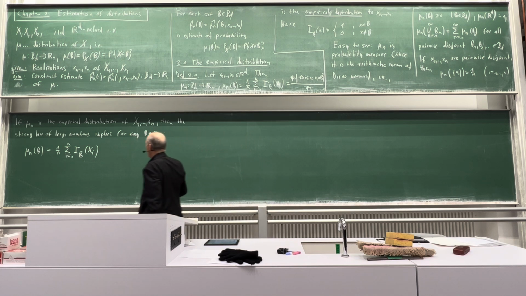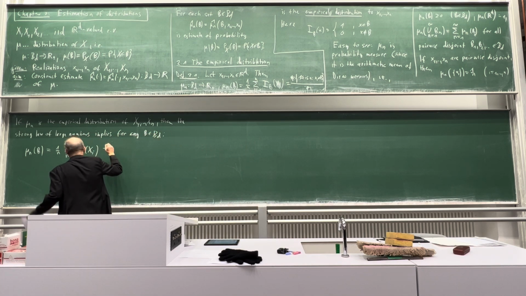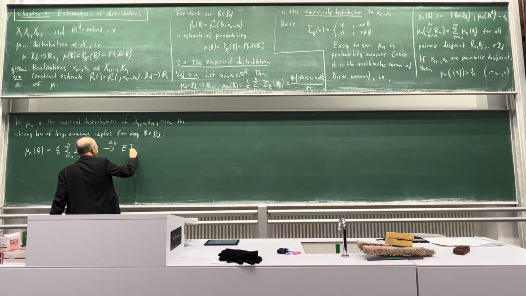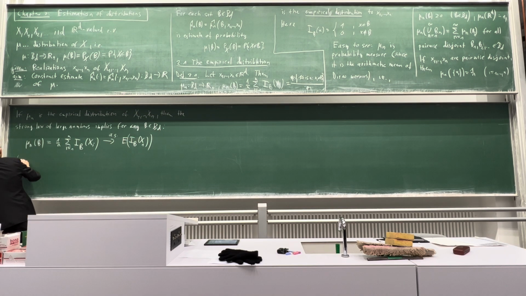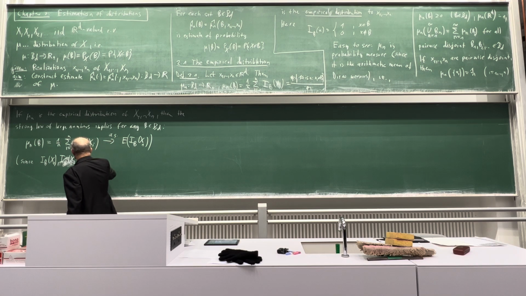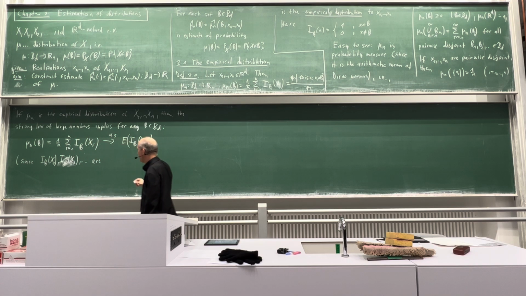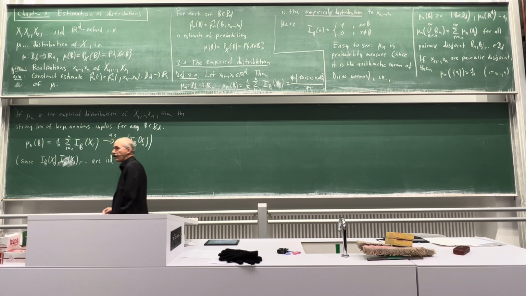Then you know by the strong law of large numbers that the mean converges to the expectation, almost surely, with probability 1. They are IID and integrable.